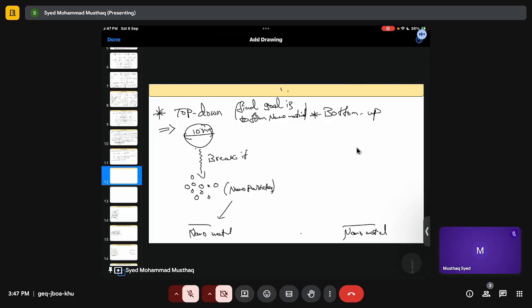Next, bottom up. Bottom up is nothing but I take even smaller particles, smaller than nanoparticles, like atoms or ions. Then I combine them or make a reaction so that they combine or coagulate to form nanoparticles.